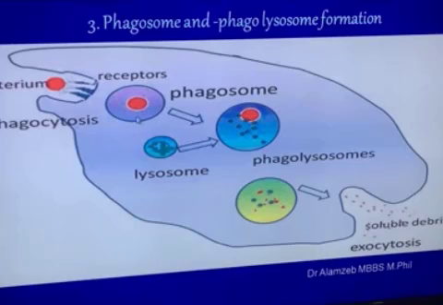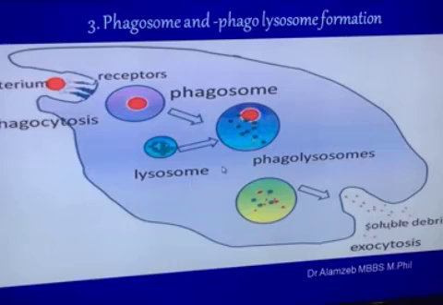The combination of these two is called a phagosome. The cell has granules, and these granules contain lysosomes. When the phagosome is engulfed inside the cell, these granules release the lysosome, which is added into the phagosome. Addition of the lysosome is called a phagolysosome.